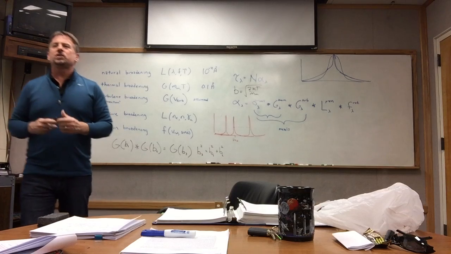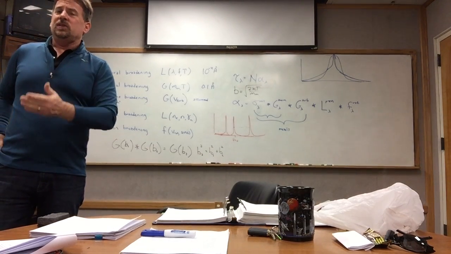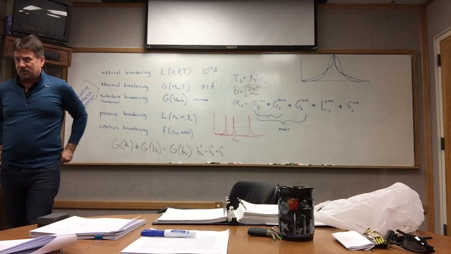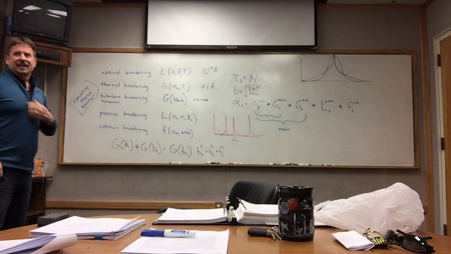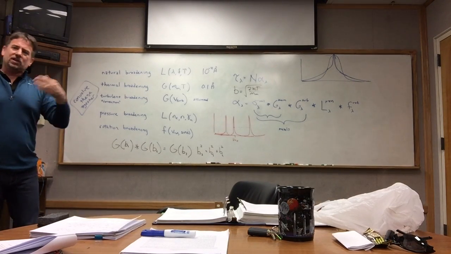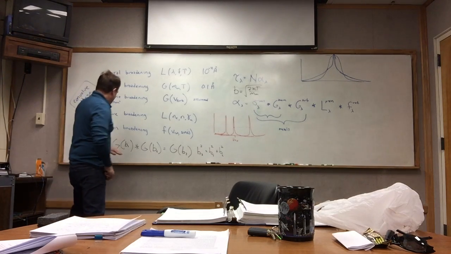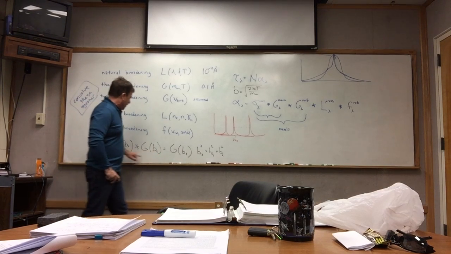You ever added errors in quadrature? That's because you're taking the error, if it's normally distributed, of parameter 1 and the error of parameter 2, and you're convolving those distributions together and getting out a new normal distribution which has the quadrature sum as the new error. So this would be the turbulent, this would be the thermal, or vice versa.